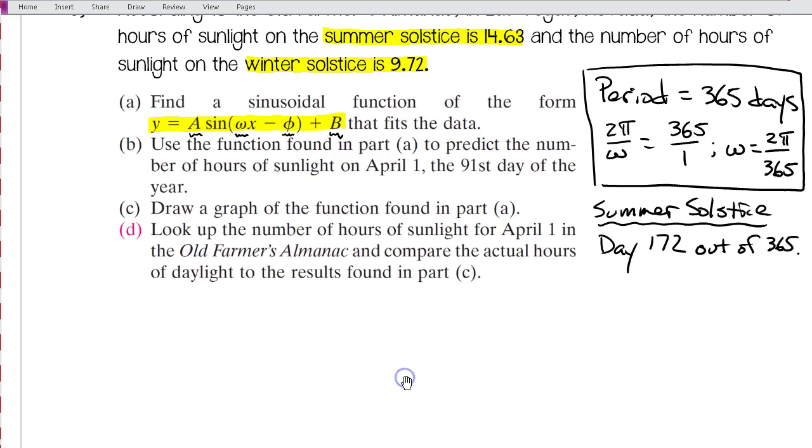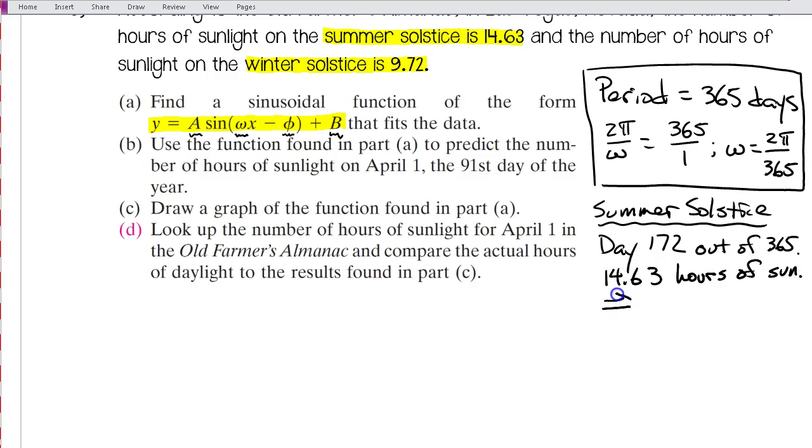Okay, so I'm just going to give you that information, and if you were in class, I also gave you that information on the board. So this would be our x value. So day 172 out of 365 is a summer solstice, and there are 14.63 hours of sunlight.